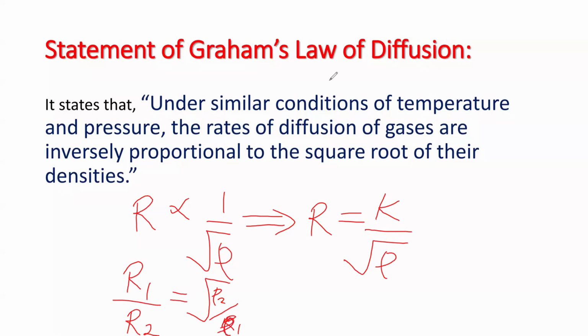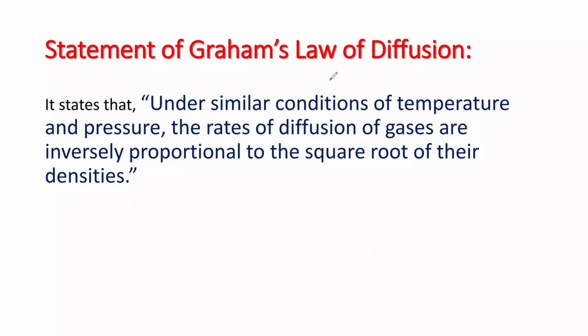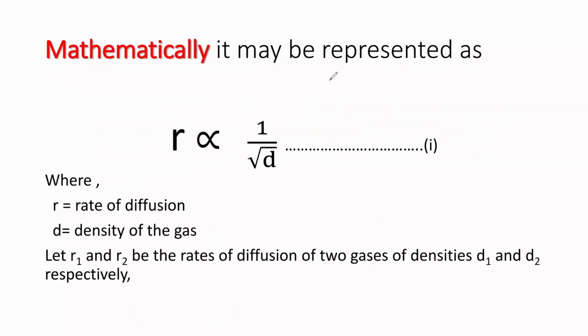So from here, we can clearly see that this is the mathematical relationship. In this case, the rate of diffusion is represented with small letter r, and the density of gases with small letter d, where r1 and r2 are the rates of diffusion of two gases with densities d1 and d2 respectively.